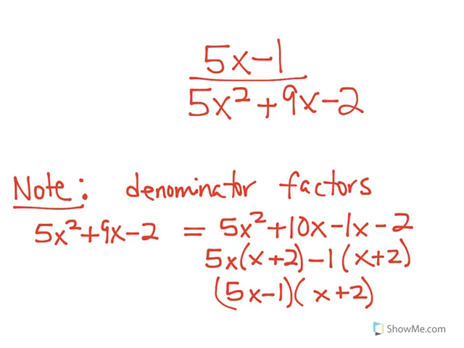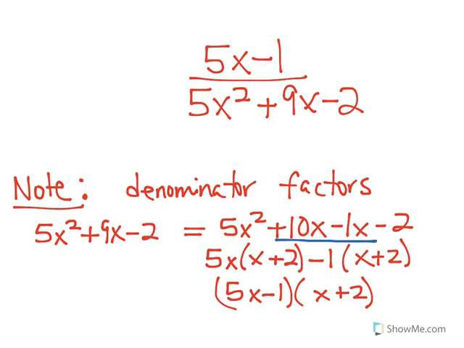This is a quadratic that can be factored, however. So let's now look at the denominator and how we can factor that. It factors into, I've written this out for us, 5x squared plus 10x minus 1x minus 2. My factors of negative 10 that add up to 9x are positive 10x and a negative 1x.